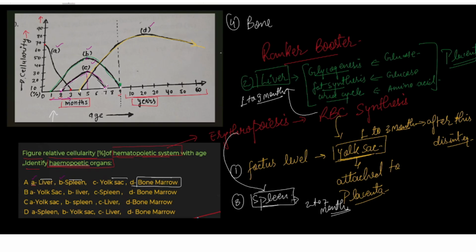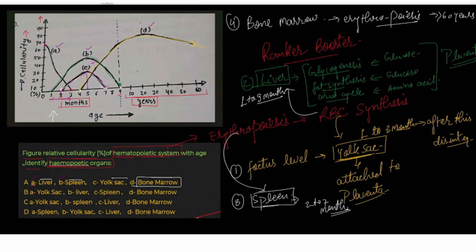So the bone marrow is actually going to decline in the erythropoiesis. Okay, so that would be the bone marrow which is going to do the erythropoiesis, up to 60 years or more.